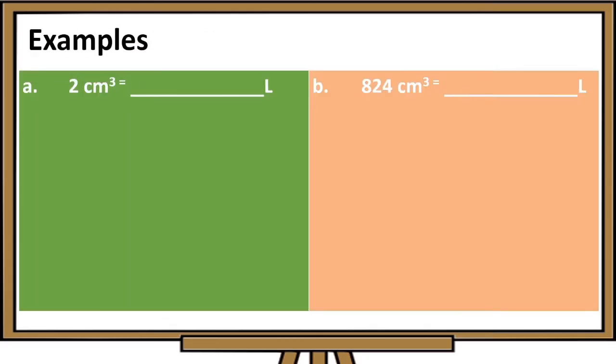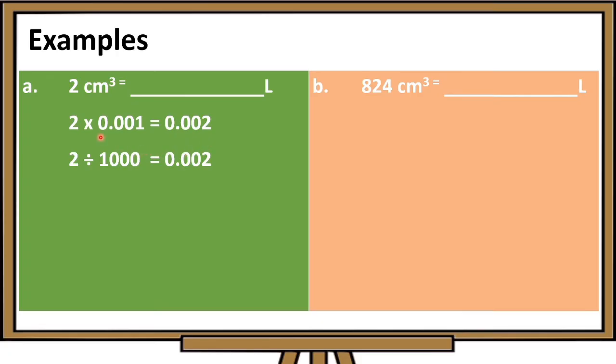Let's have our examples. For letter A, we have 2 cubic centimeters is equals to how many liters? So 2 times 0.001, the answer is 0.002. So, si 1, pinalitan lang natin ng 2. Basta yung reminder ko lang sa inyo, kung ilang digits yung nandito, dapat ganun din yung bilang ng digits ng inyong final answer.